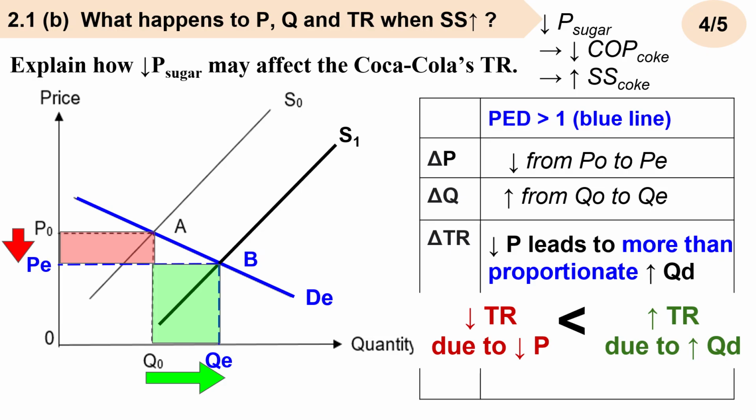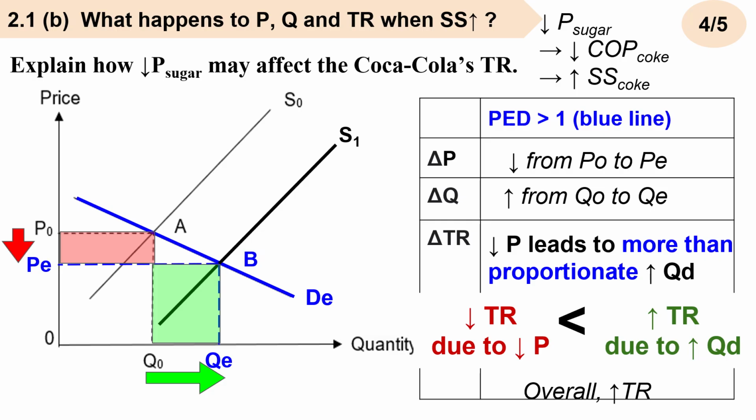So does total revenue increase or fall? Increase. So the summary for this slide, for companies like Coca-Cola, if the price of their factor input falls, their total revenue will increase if the demand is price elastic.